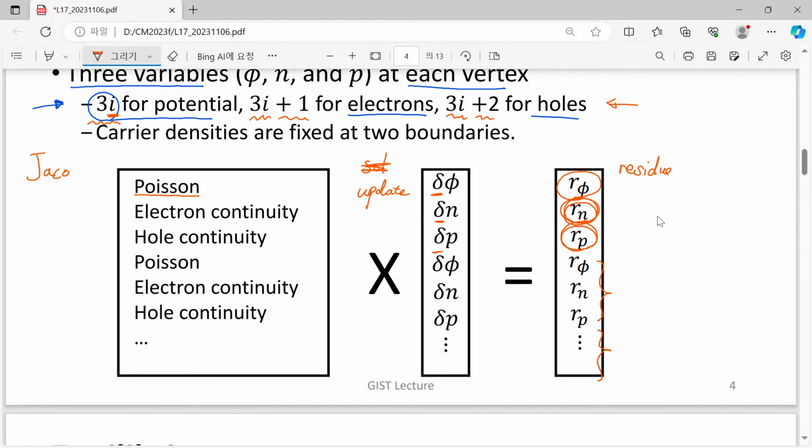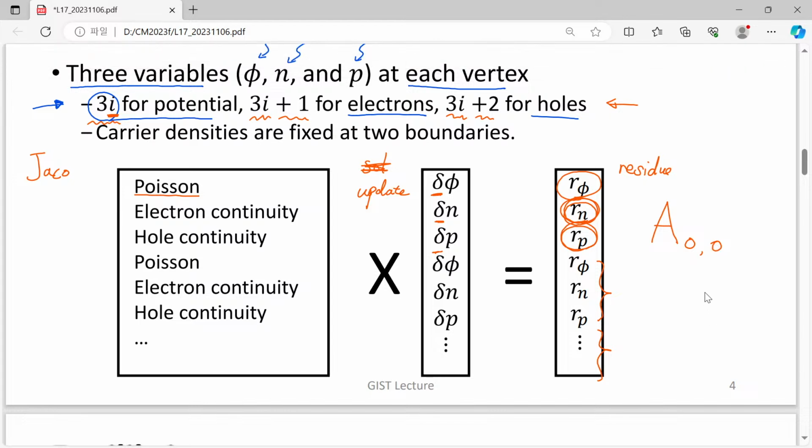So once again, let me give you a simple question. What is the physical meaning of this a sub 0, 0? Can you write it down?